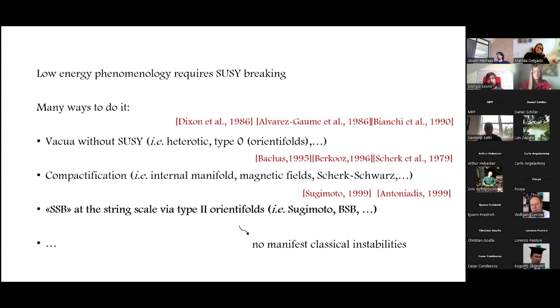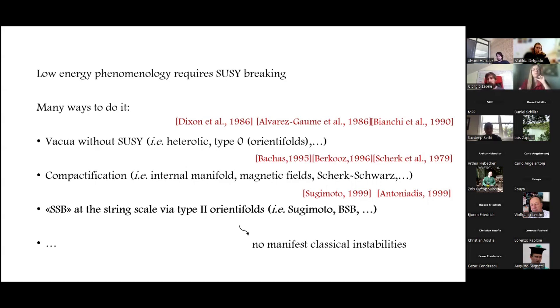But the mechanism through which we're going to break supersymmetry, on which this presentation is based today, is a bit different, and in particular involves a non-trivial Orientifold projection of the type 2b superstring, in which the consistency of the vacuum requires the introduction of objects that break supersymmetry, loosely speaking. This is what happens, for instance, in the Sugimoto model, and of course in the Brane Supersymmetry Breaking vacua that I will describe.